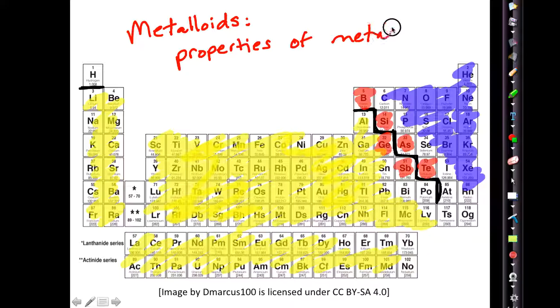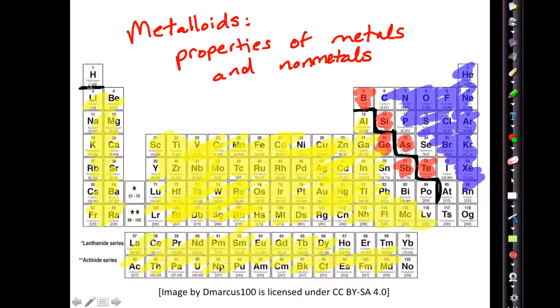So they don't fit nicely into either category. So what you're going to find in this group are some semiconductors, like silicon and germanium in particular, which can be made to conduct electricity when they're given small boosts of energy, and it makes them very, very useful in electronic circuits.